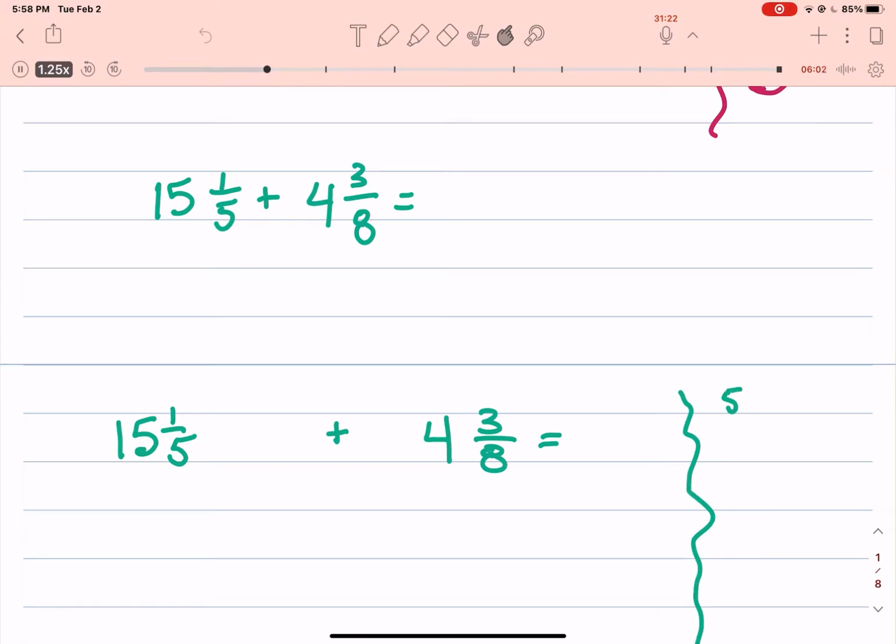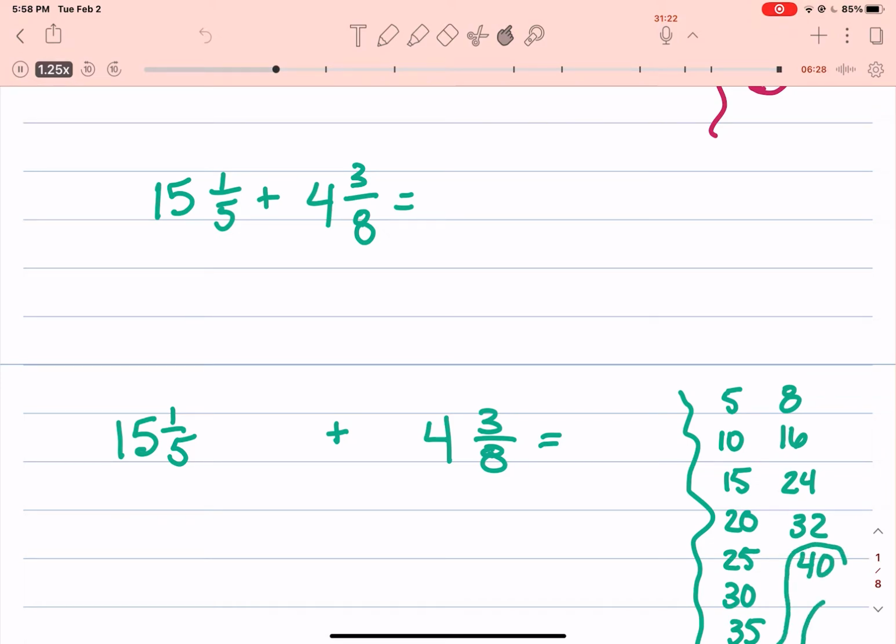We have 5, 10, and so on. Those are my 5 multiples, and I can skip by 8, and I get 40, so my common denominator is 40.